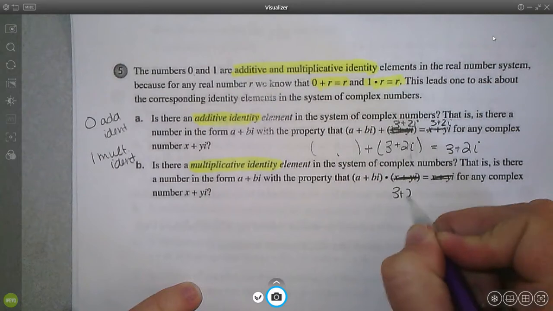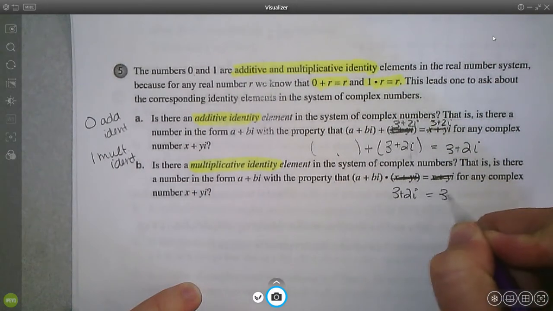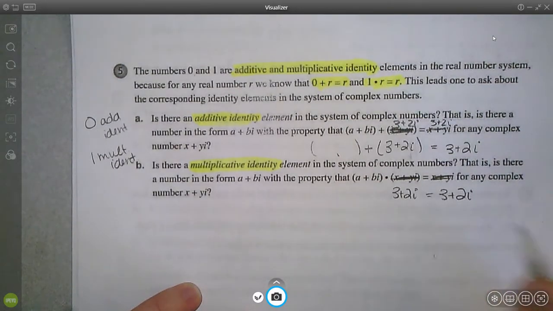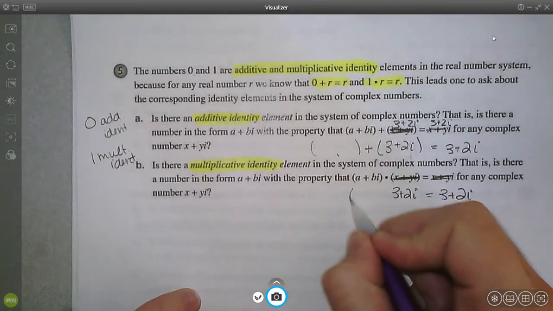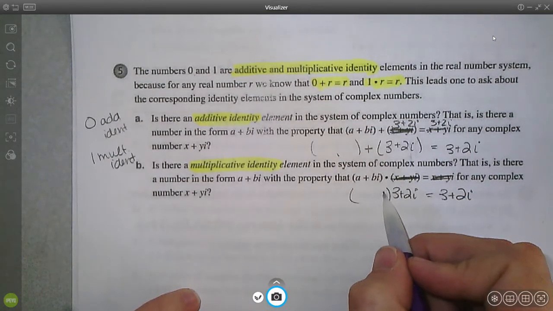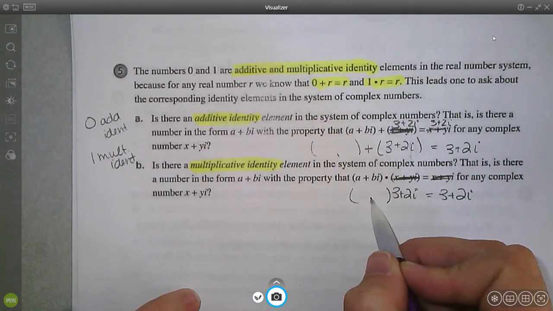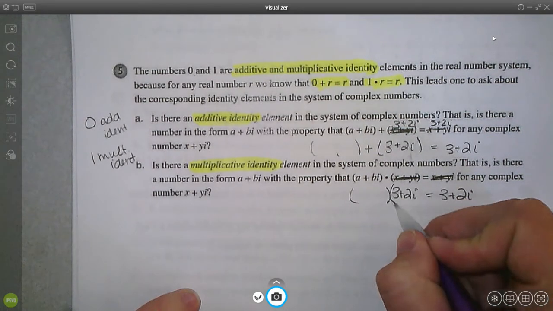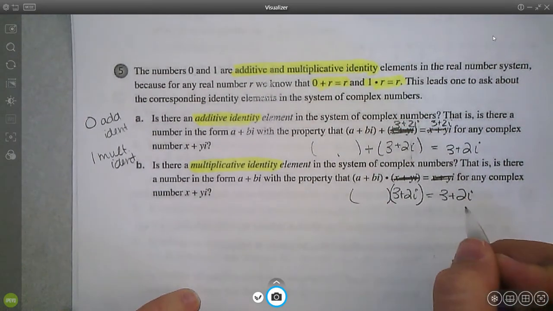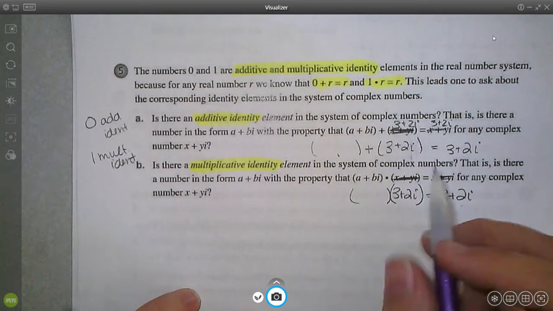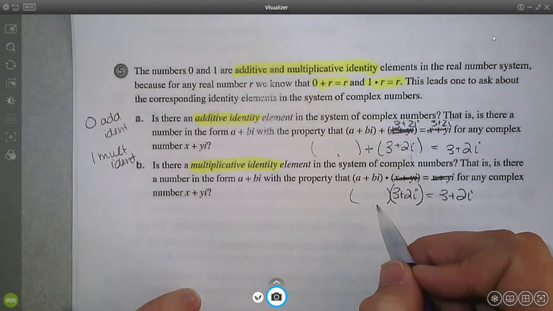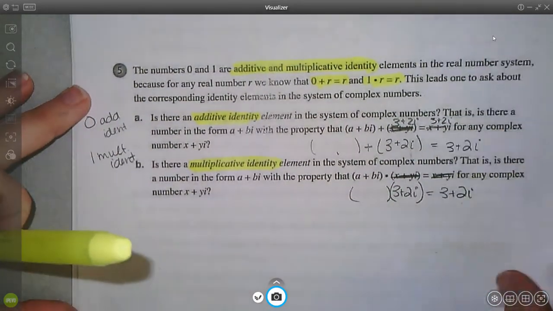So 3 plus 2i. So is there some complex number that you can put in here when you multiply it by this, that you get this out? The answer is yes, there is, but I want you to find it. Okay, so that's 5.